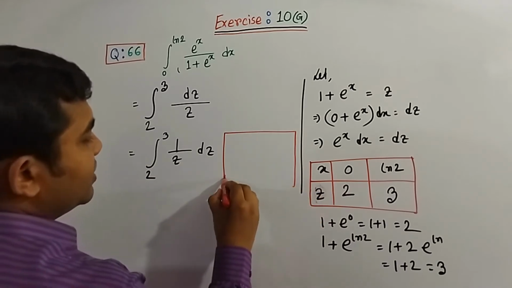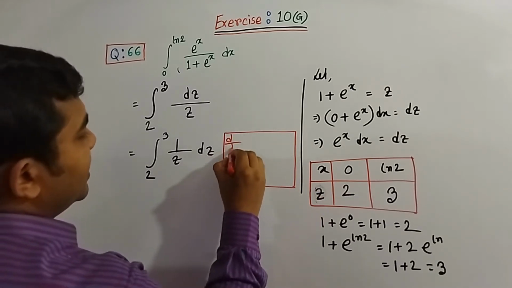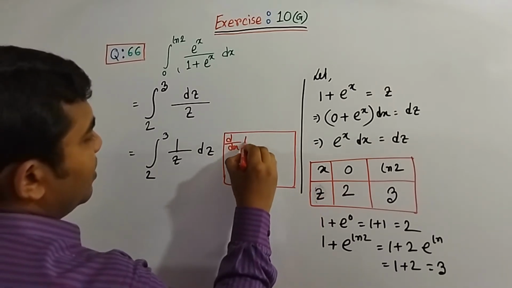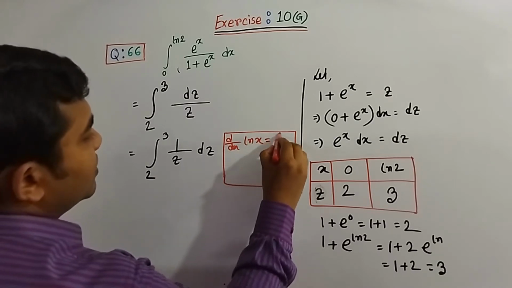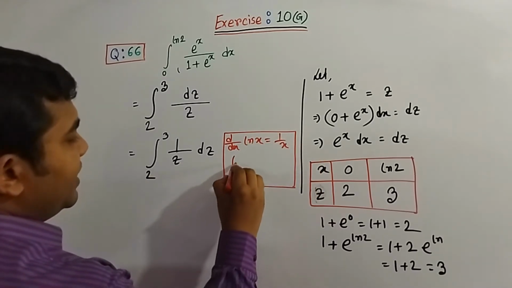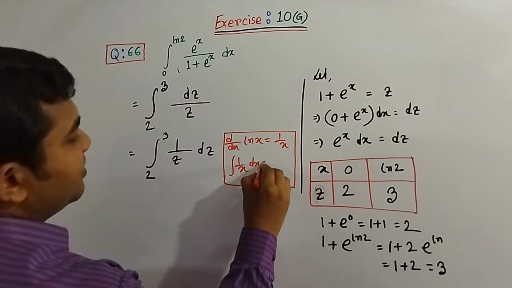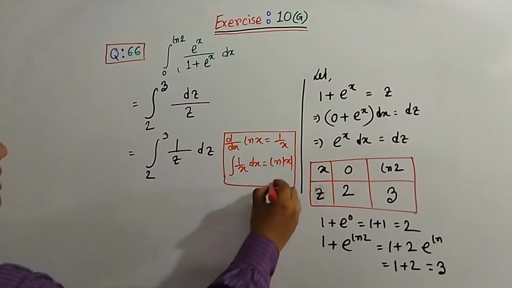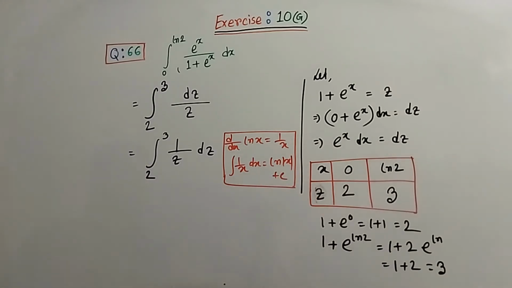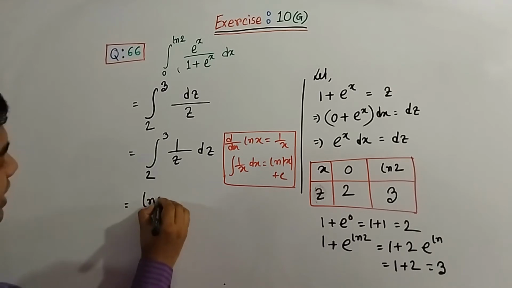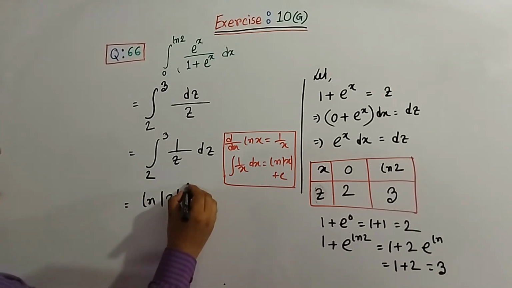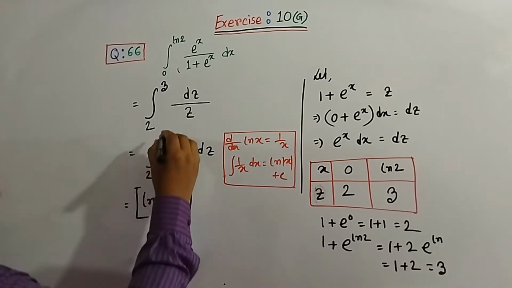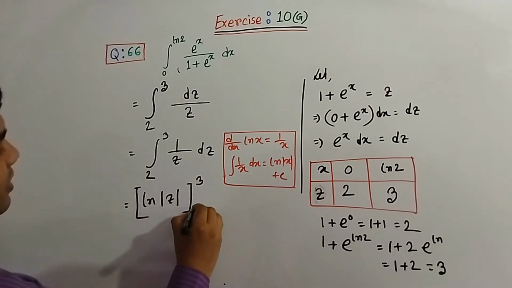The formula looks like this: d/dx of ln x was 1 by x, and now the integration of 1 by x dx must be ln of x plus c, isn't it? So if we use this formula in here, we'll get ln of z, and obviously this will lie between 2 and 3.